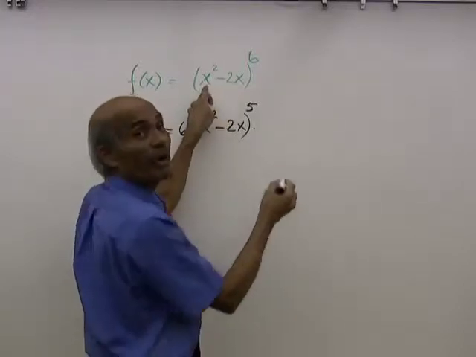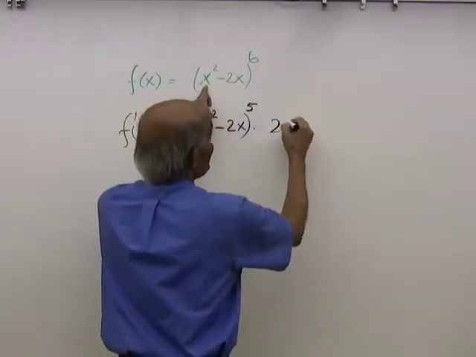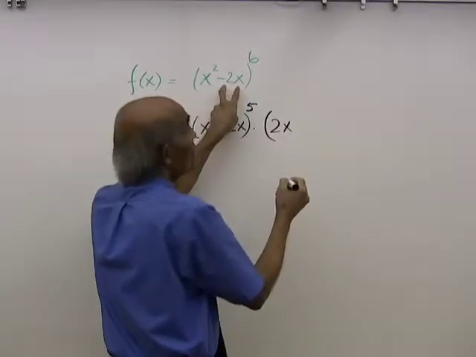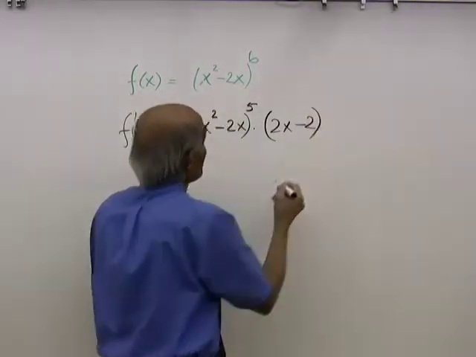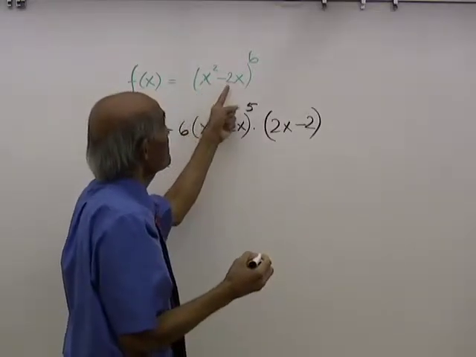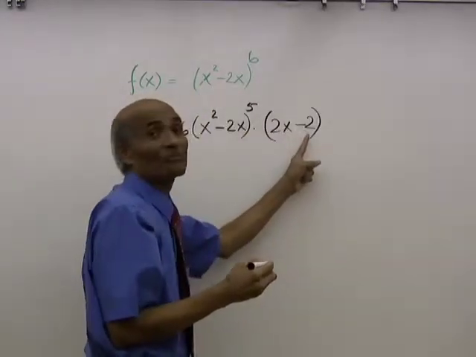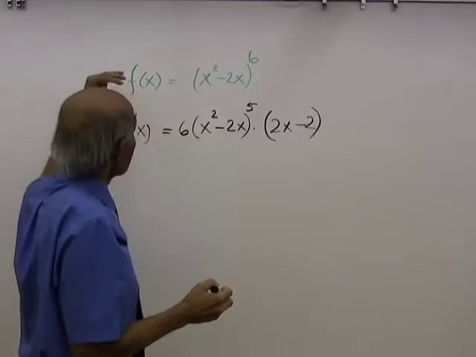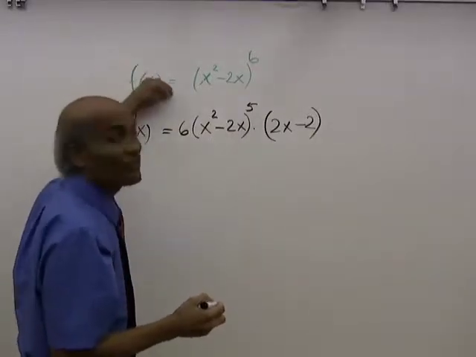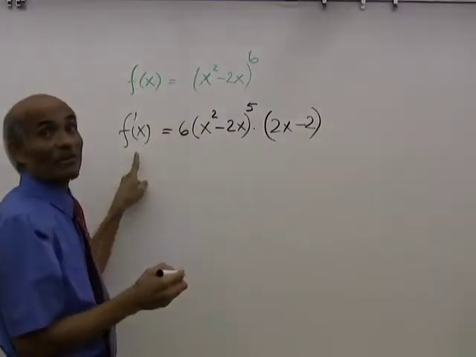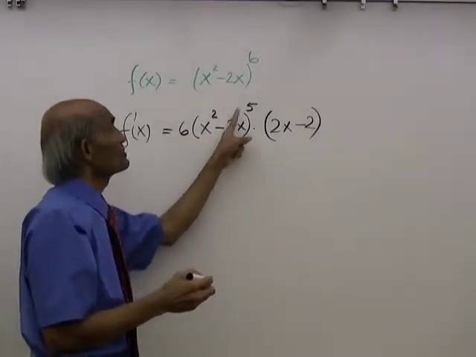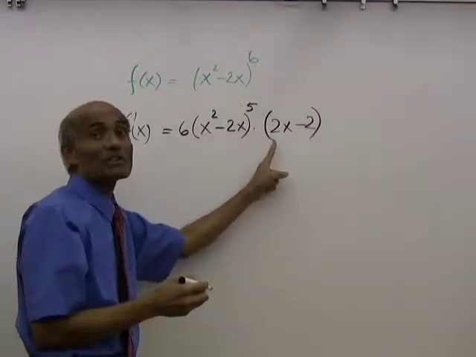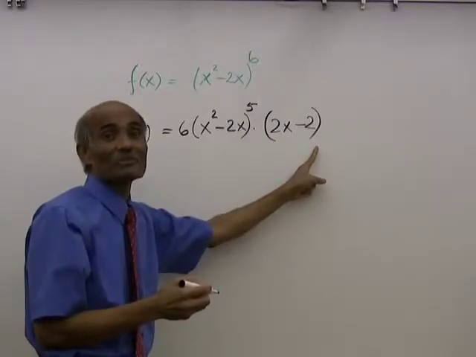Derivative of x squared is 2x, and the derivative of minus 2x is minus 2. So the derivative of x squared minus 2x is 2x minus 2. The derivative of f of x now is f prime x equal to 6 times x squared minus 2x to the power of 5 times 2x minus 2.